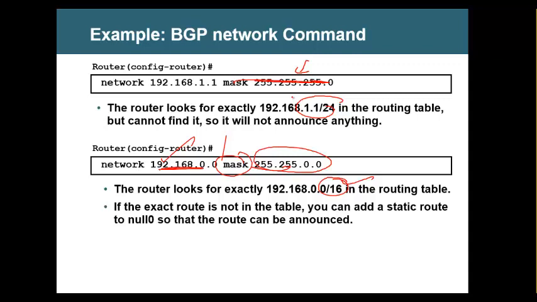There are chances that I might have summarized it. So now I don't need to match with the interface. I need to simply match with the routing table summary route. That is enough. So saying routing table is more appropriate than saying match with the subnet mask on the interface. That is not actually the right explanation.